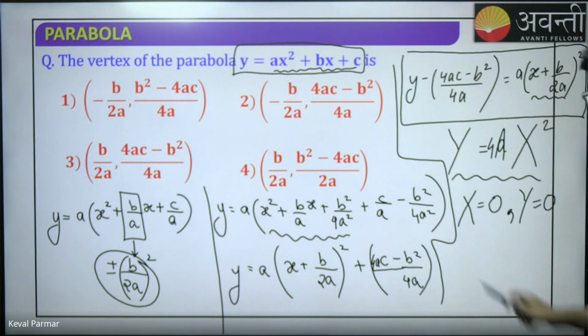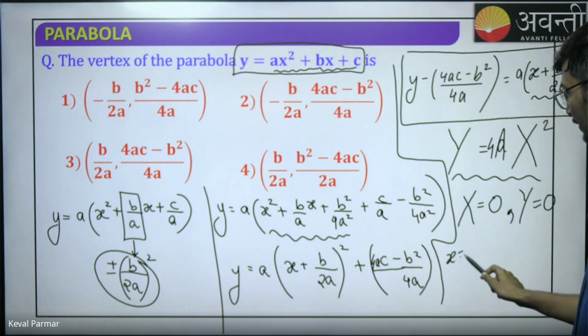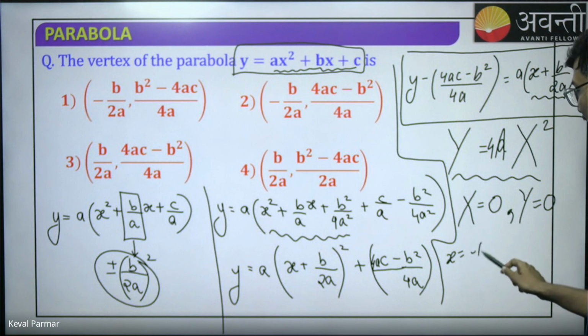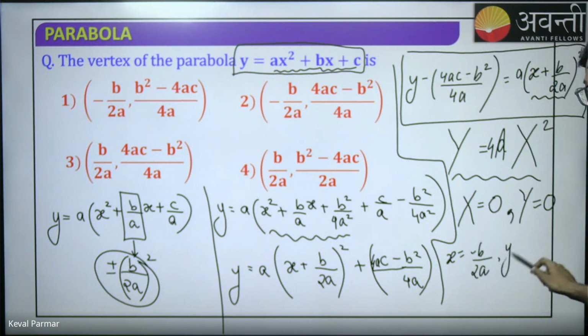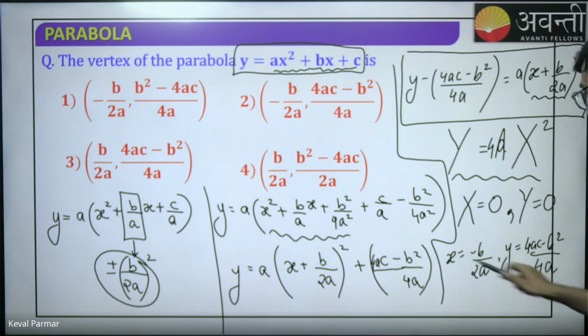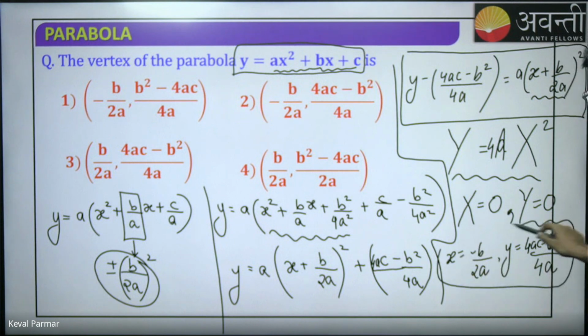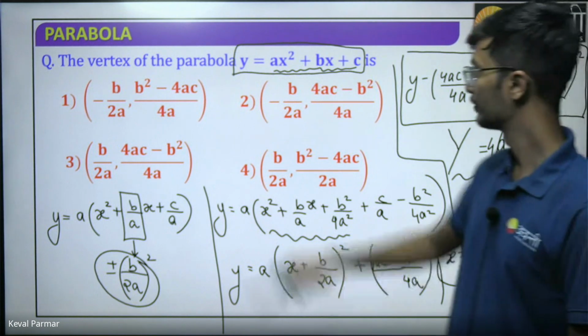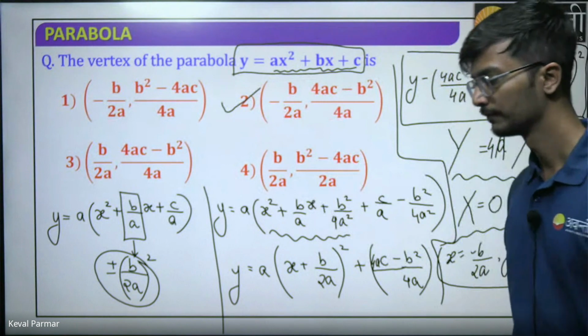X plus b by 2a. So that means x will be equal to minus b by 2a and y will be equal to 4ac minus b square by 4a. This is my answer. Wherever you see the coordinates, this is my answer. So it is option 2.